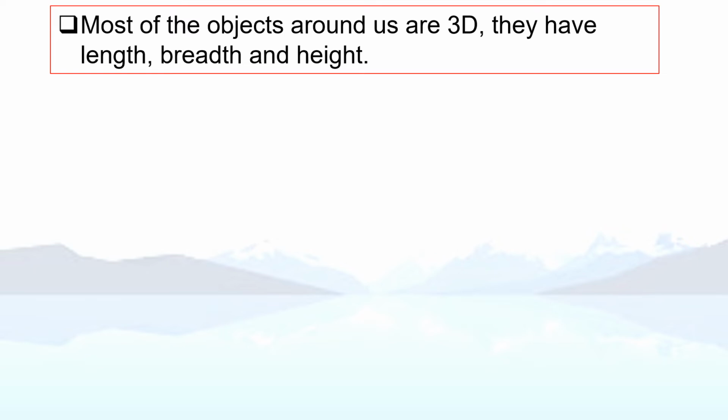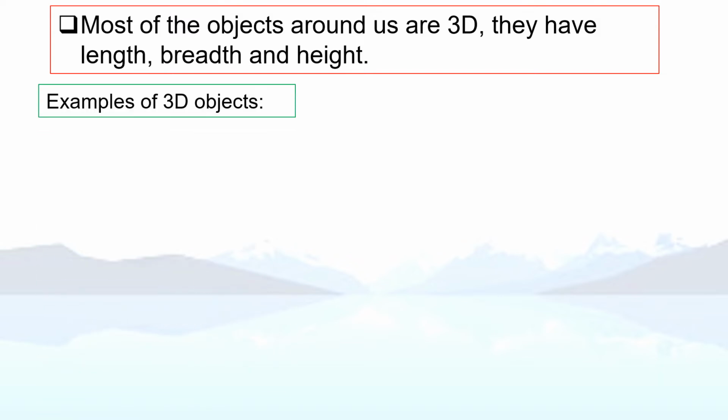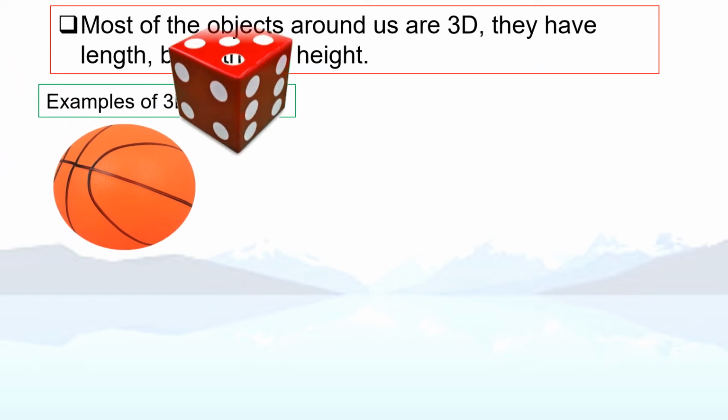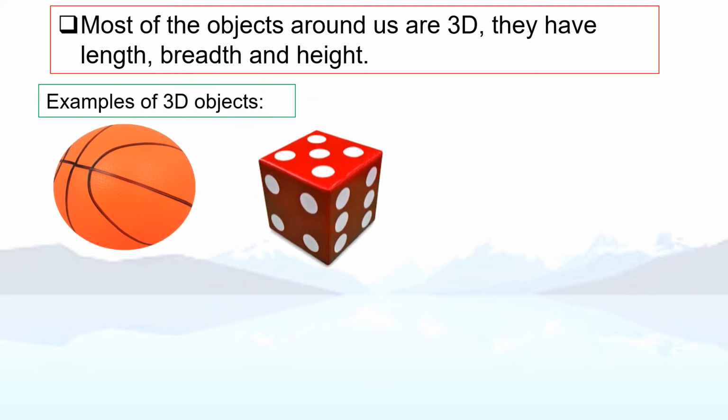So most of the objects around us are 3D. They have length, breadth, and height. Examples of 3D objects are the basketball, which is a sphere, the die, which is a cube, the traffic cone, which has a cuboid at the base and a cone at the top.